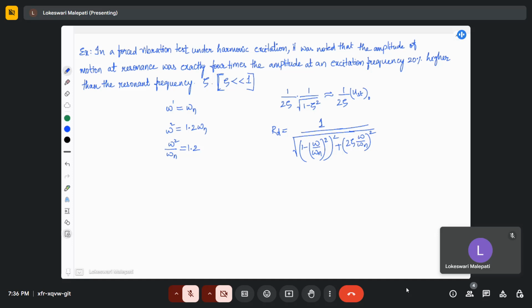Okay, let me also solve the problem along with you. So now we can substitute for omega by omega n in this second equation.